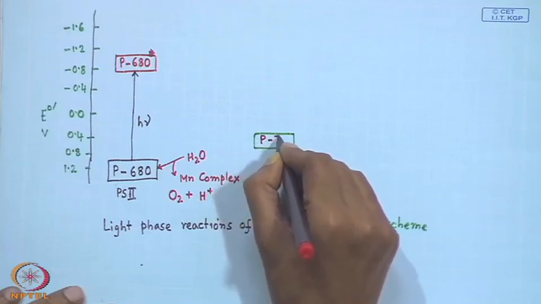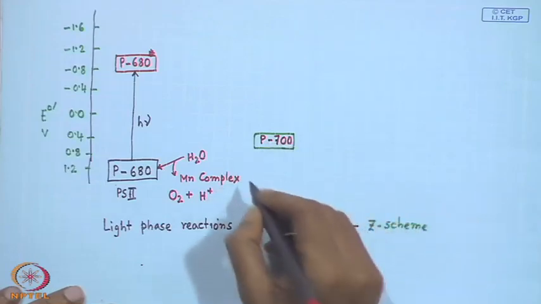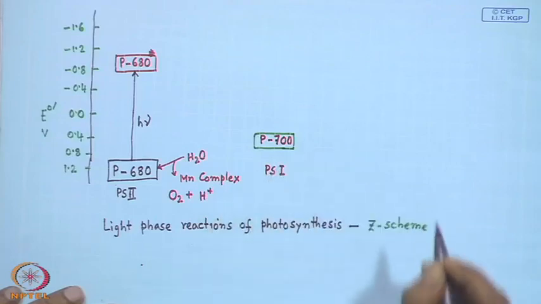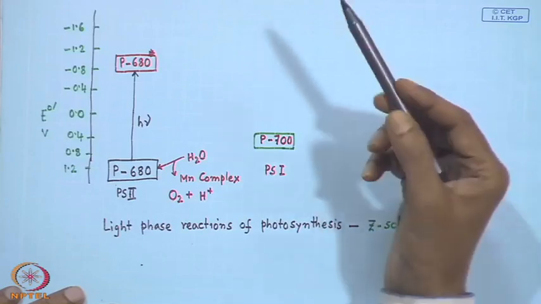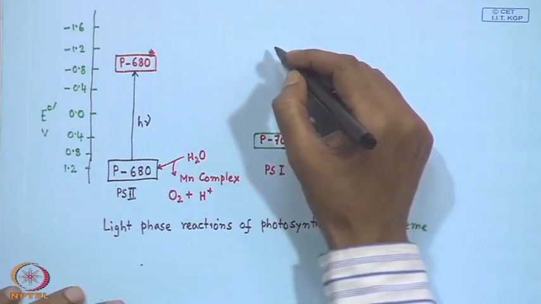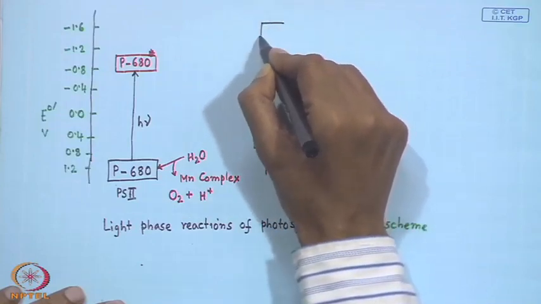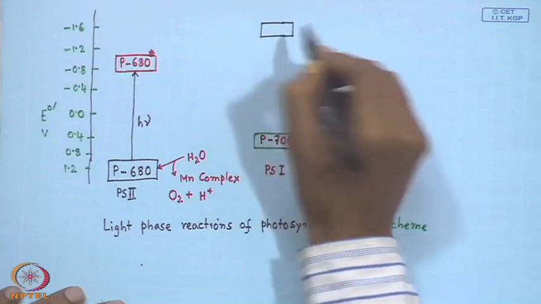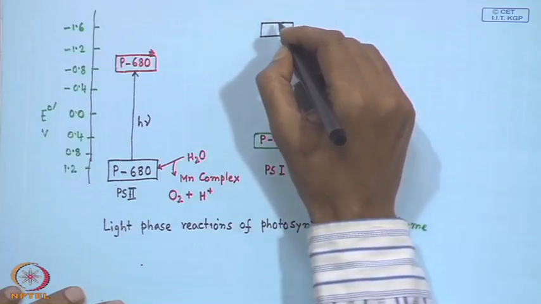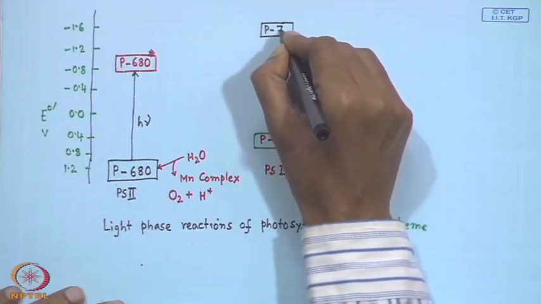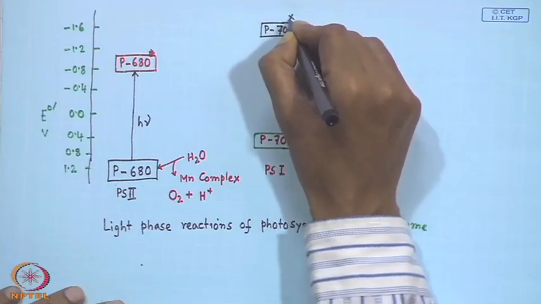So, it will be labeled as P700, which is your PS1, the photosystem 1, and this particular species can again be excited close to minus 1.6 volt to the same species, but in starred form, that means the excited form.